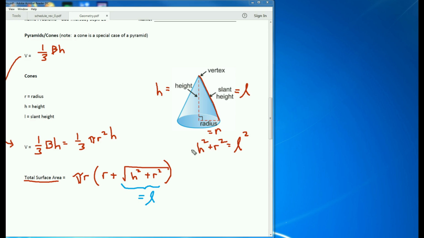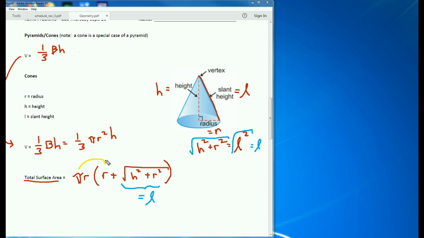If you take the square root of both sides, you just get L equals the square root of h squared plus r squared. And now let's do this.